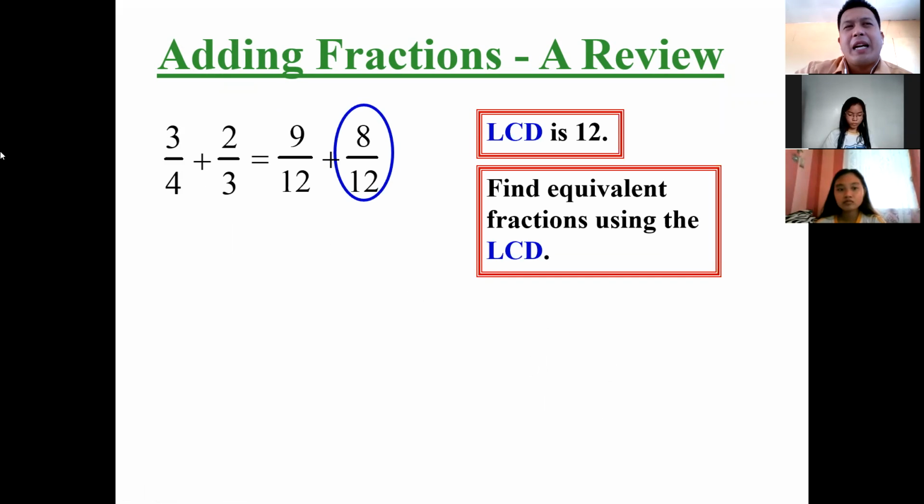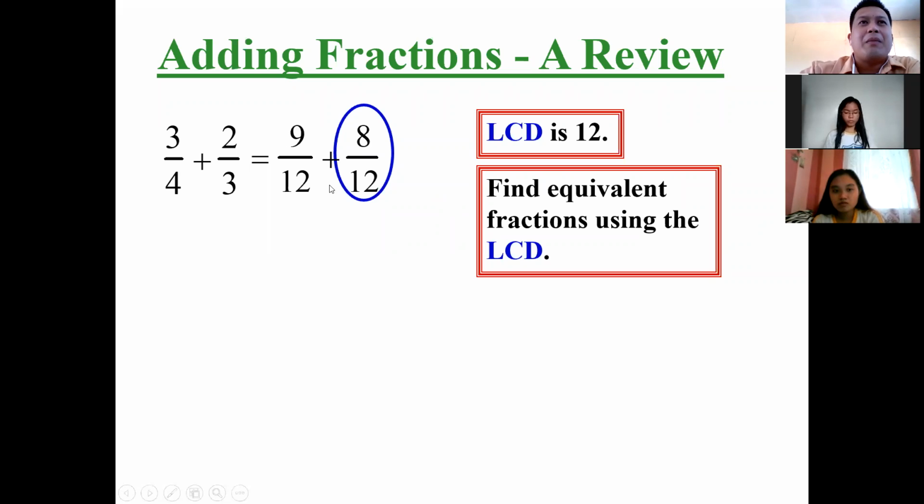And if you go with the multiples of 3, you have 3, 6, 9, 12, 15, 18, 21. So from the mentioned values, the common between these multiples of 4 and 3 is 12, and that's the least of the common. We can have another common to 4 and 3, which is 24, but lesser than 24 is 12.